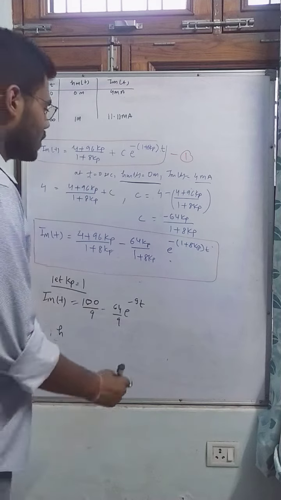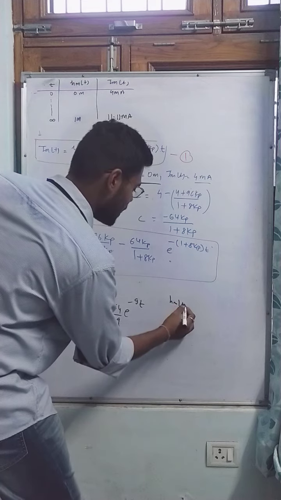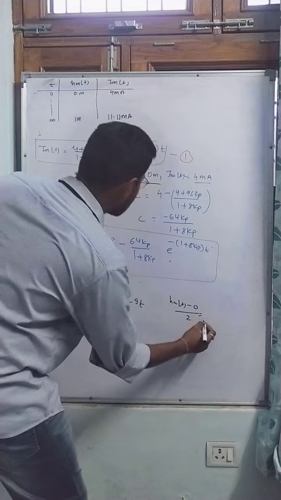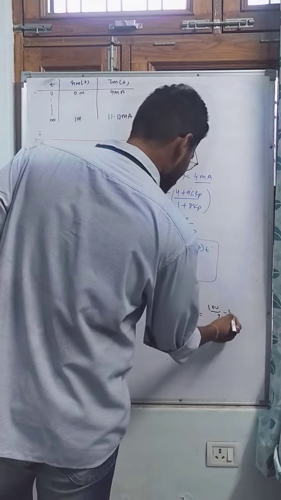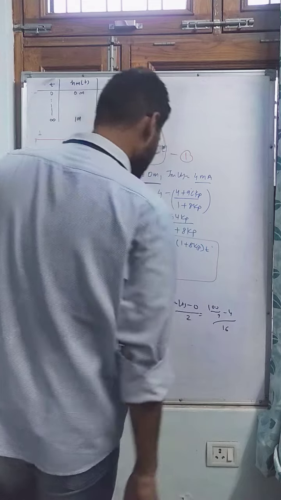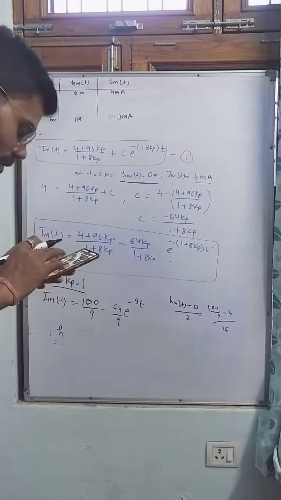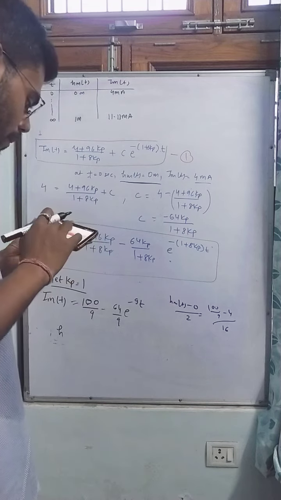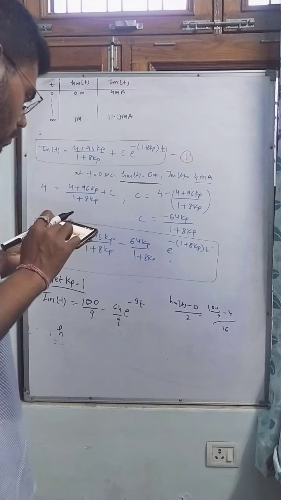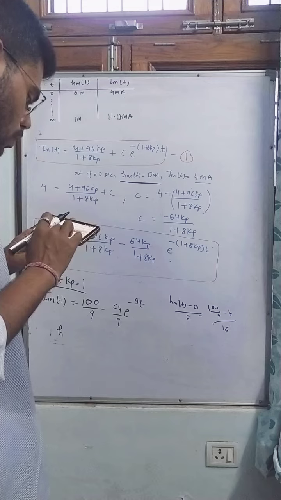Now calculate by this formula. What is your HMT minus 0 by 2 equal to, what is your IMT? 100 by 9 minus 4 by 16. Calculate this using a calculator. You will get some observations. (11.11 minus 4) divided by 16 into 2.